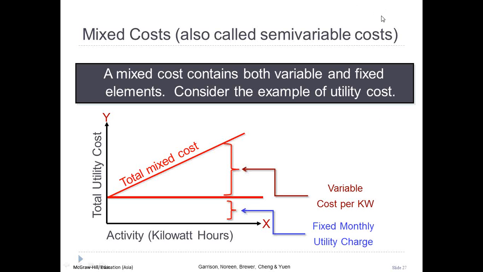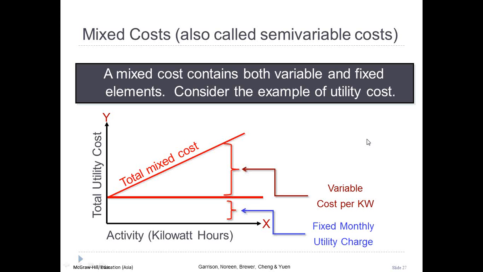Let's take the example of a utility company like TEPCO in Japan or PEPCO in the United States or Duke Power or Florida Power and Light. In this case, what's our activity going to be? Kilowatt hours. Easy to understand. The amount of power per hour is the activity level.